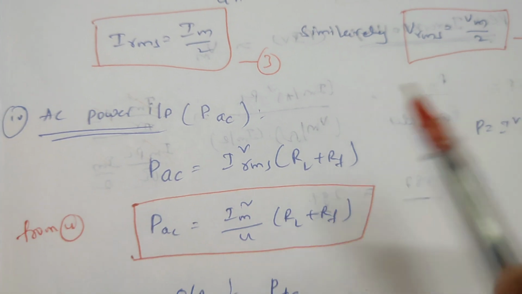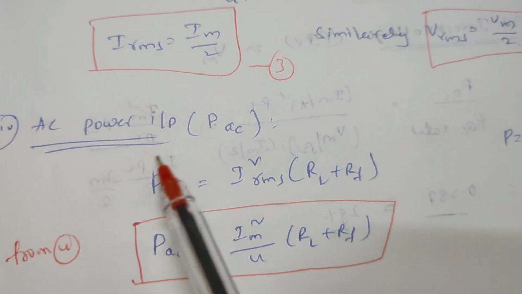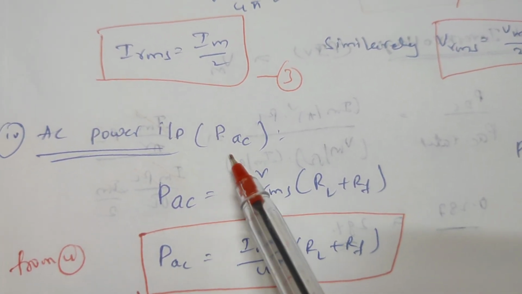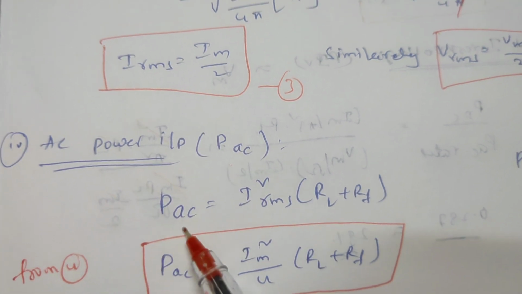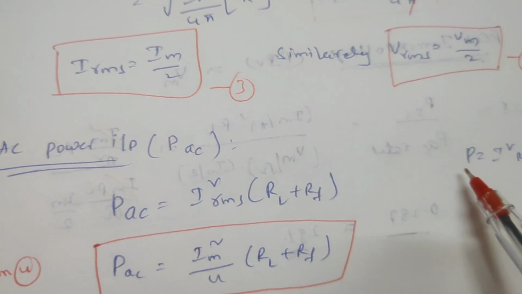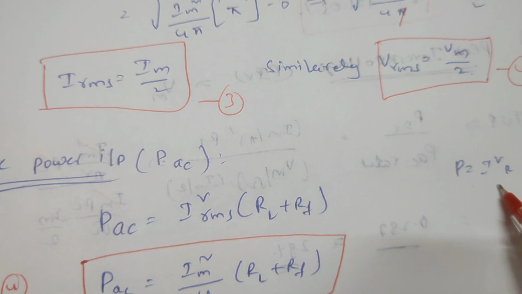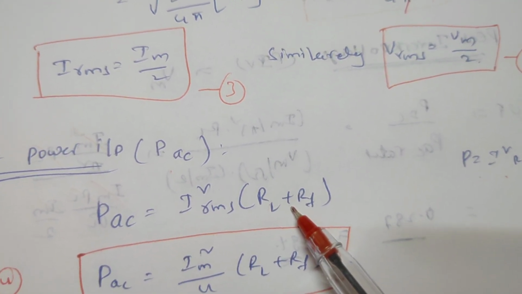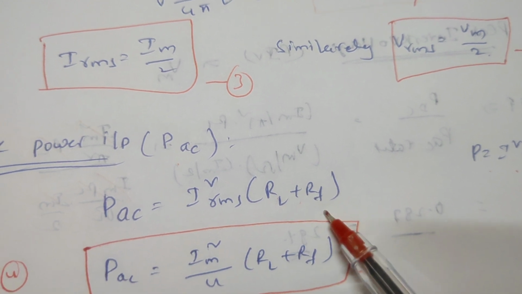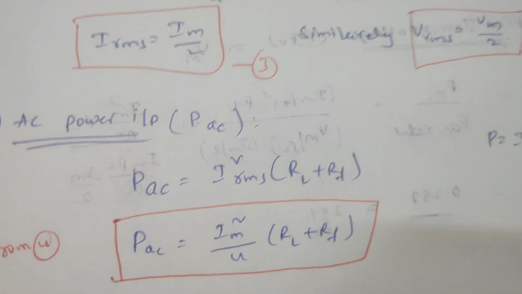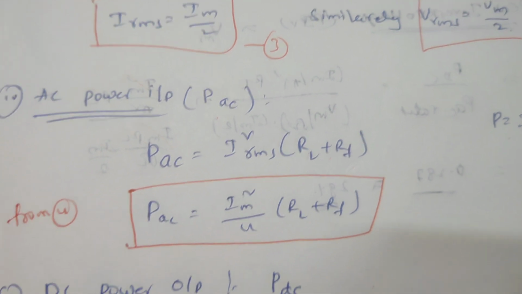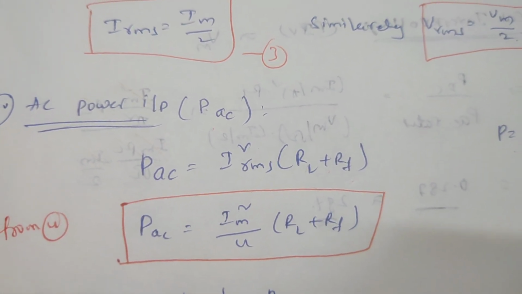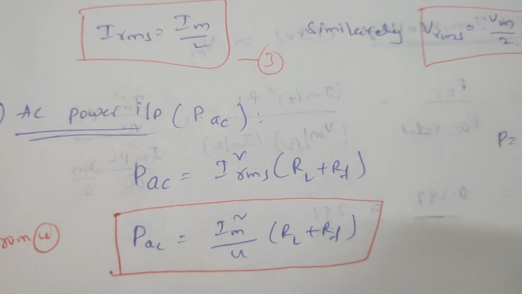Okay, I will calculate the AC input power, which is denoted by PAC. PAC is equal to the total current squared into the resistances: the load resistance, and the diode, which gets forward biased, so it has some forward resistance. Therefore the AC power is equal to I RMS square into RL plus RF.